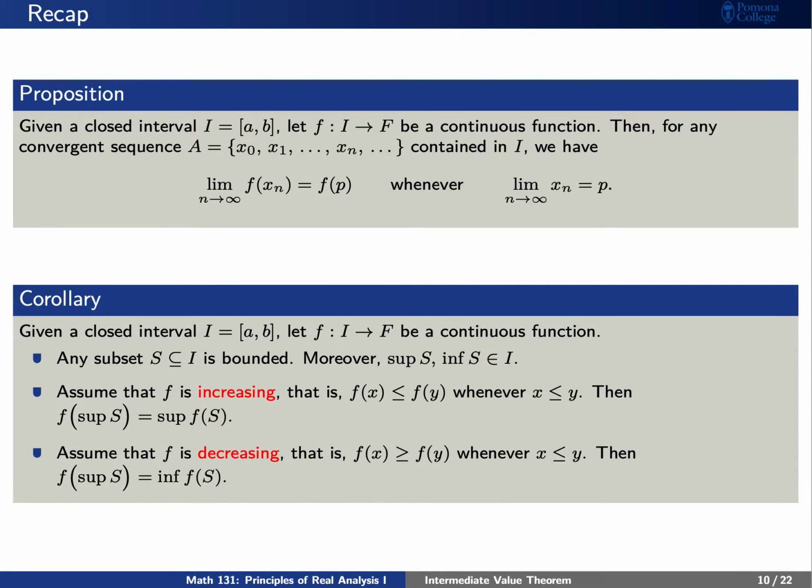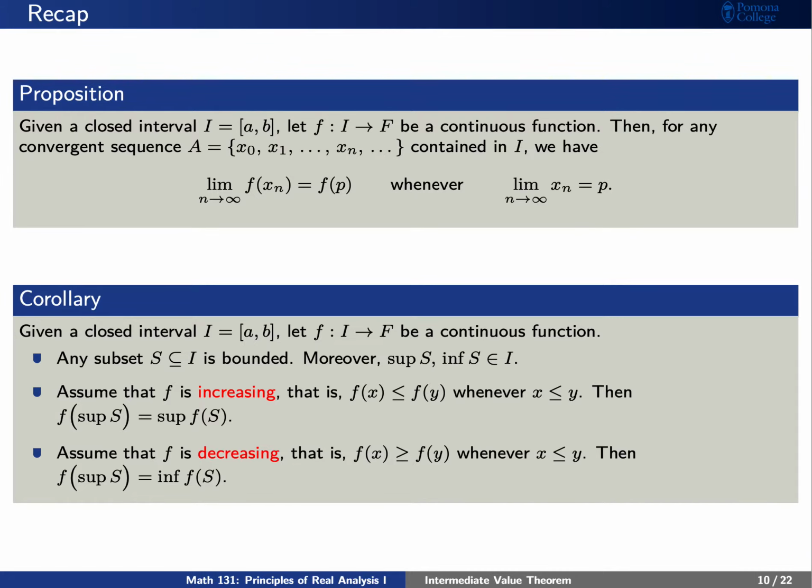As a special case, let's consider what happens when our function f is either increasing or decreasing. First, let's take a subset S of our closed interval I. It is bounded, so both the supremum and the infimum exist. Let's assume that f is an increasing function. That is, f of x is less than f of y whenever x is less than y.